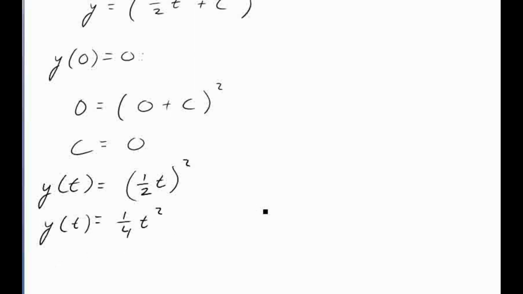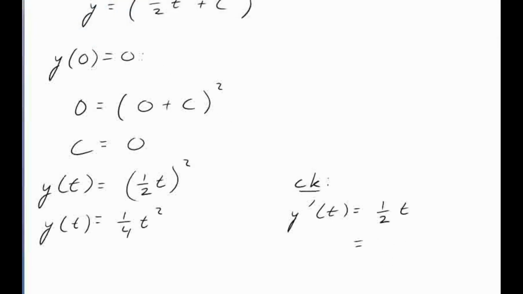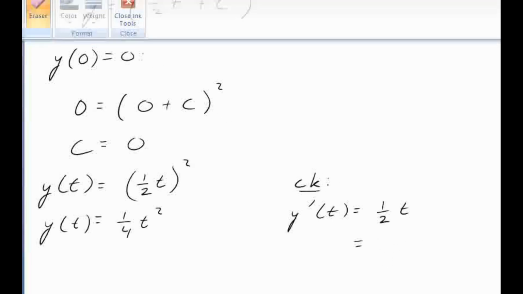Okay, quick check, if we want to make sure about this, we can actually take the derivative. So then y prime of t would equal, you bring down the 2, so that would make 1/2 t, which is sure enough equal to the square root of, or in other words, the 1/2 power of, I'll write it in the style of the original differential equation.